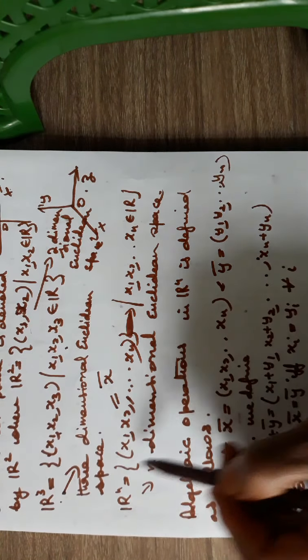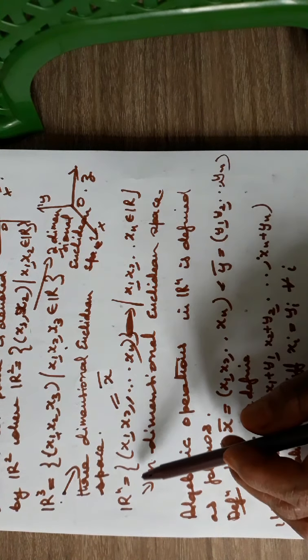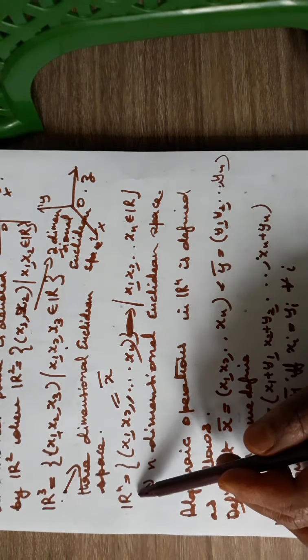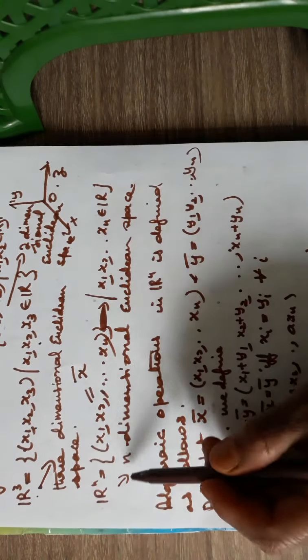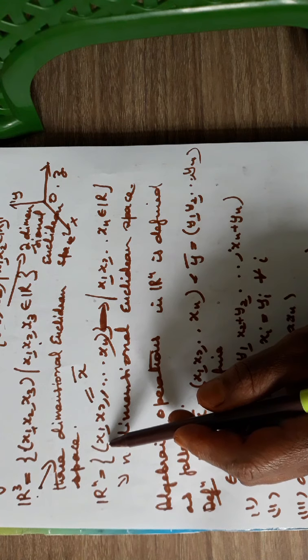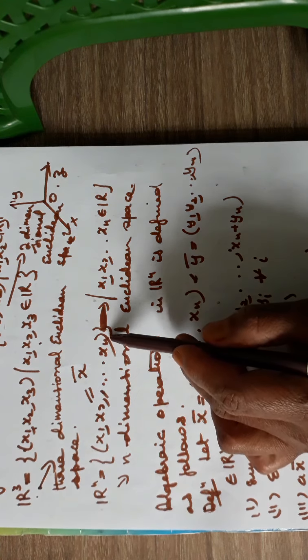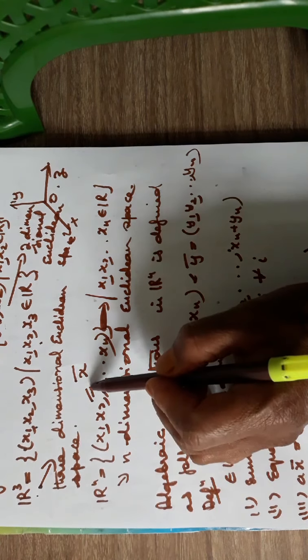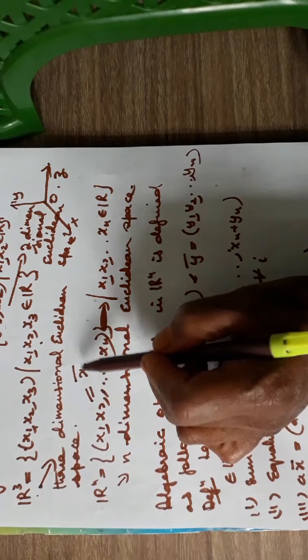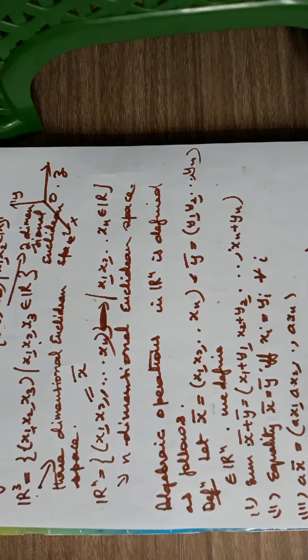In general, the collection of all points in an n-dimensional plane is denoted by Rn and is called n-dimensional Euclidean space. Each point on Rn is of this form, an ordered set of n real numbers x1, x2, ..., xn, denoted by x bar, and x1, x2, ... are called the n components.